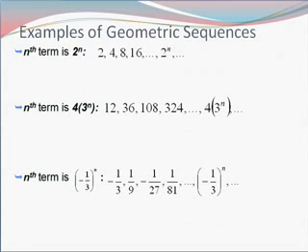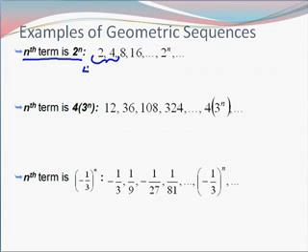So here are some examples of geometric sequences. For the first one, the nth term is 2 to the n. Let's take a look at what the ratio is of term 2 to term 1.